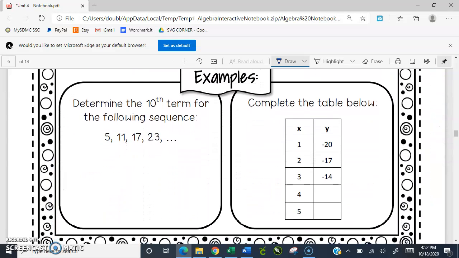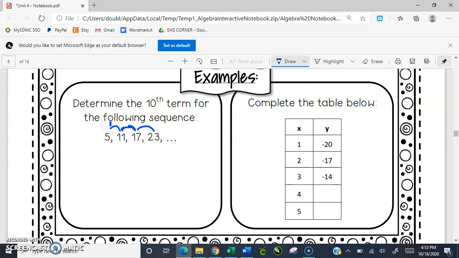So now we have to determine the 10th term for the following sequence. We have 5, 11, 17, and 23. We can either add or subtract to figure out what the sequence is. What plus 5 gives us 11, or 11 minus 5 is 6.